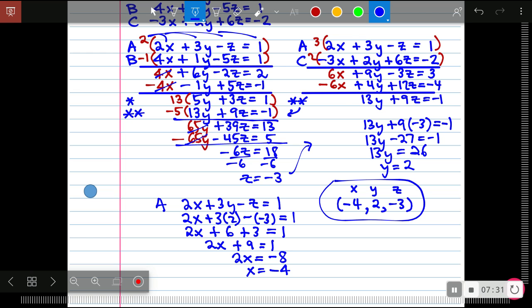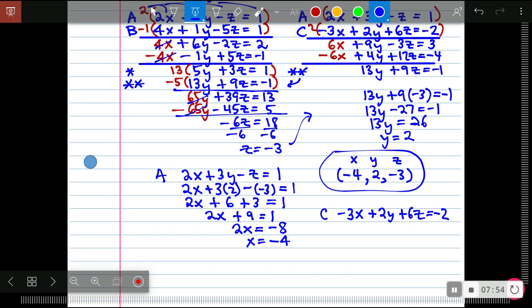The only thing left here would be to check it, and I usually make my students check it in equation C, so I'm going to go ahead and copy that and see if it works here. Negative 3x, I'm copying down C here, plus 2y plus 6z is supposed to equal negative 2, and let's plug all 3 numbers in and see if it works here.